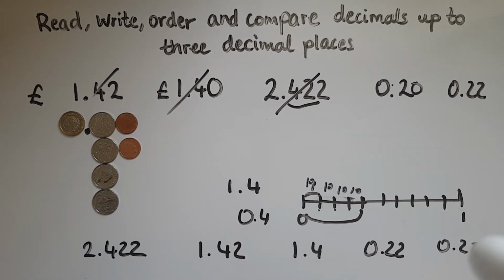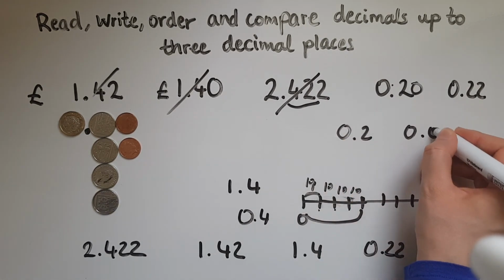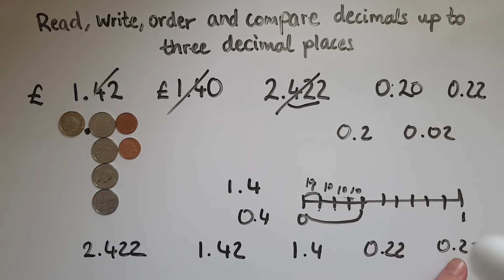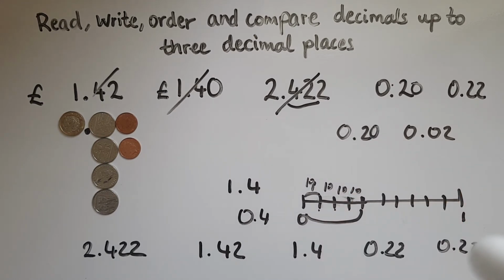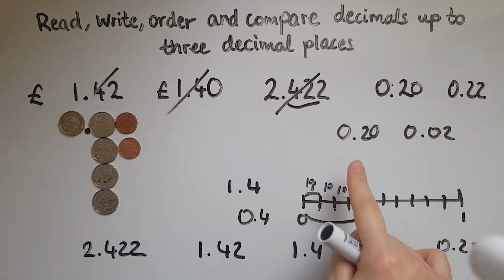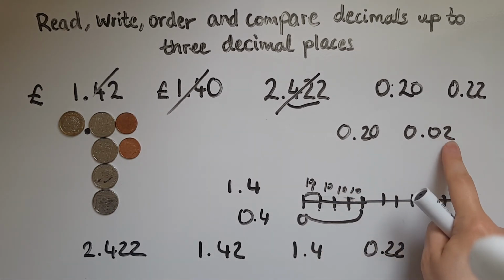Now, one more question. If I'm to compare 0.2 with 0.02, which one would be bigger? As we said before, 0.2 is the same as 0.20. So in terms of money, this would be 20 pence, whereas this is going to be 2 pence.